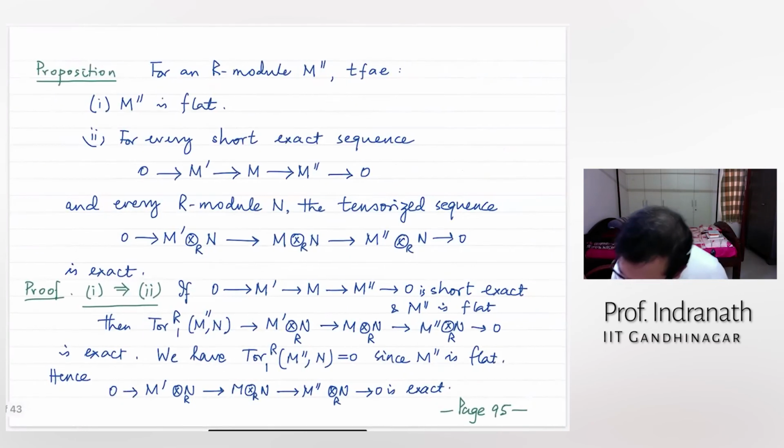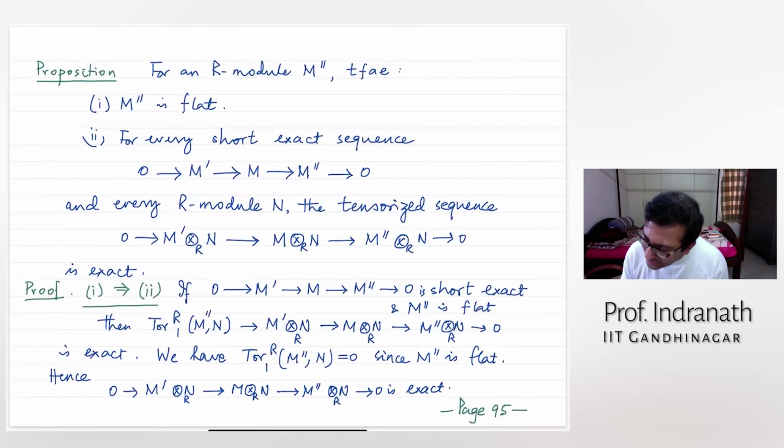I'm running late. Let me just quickly rush through it. So another quick proposition: for an R module M double dash, the following statements are equivalent. M double dash is flat, and for every short exact sequence and for every R module N, the tensorized sequence is exact, so basically you have the flatness out here at the right tail.